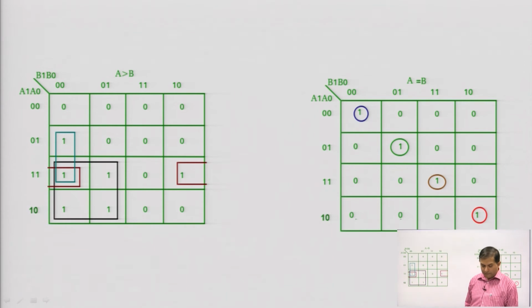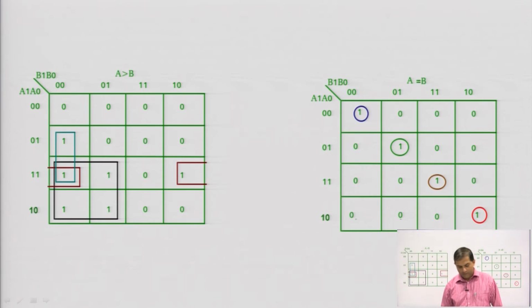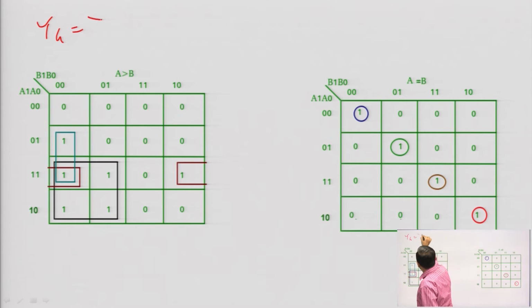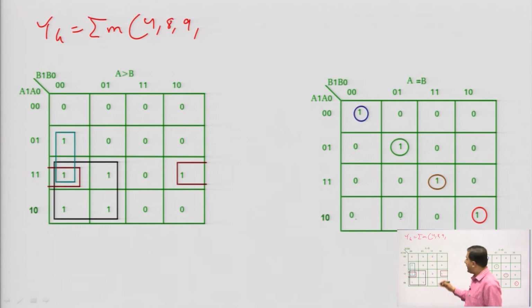So, the design is, first of all we will design for A greater than B, this one. If you check this table we can find that Y greater than is having the min terms 4, 8, 9, 12, 13, 14.